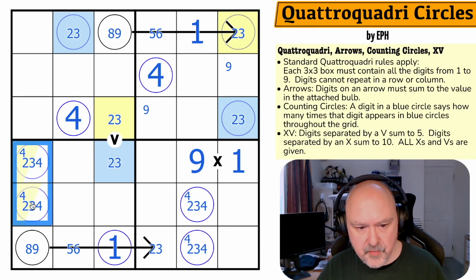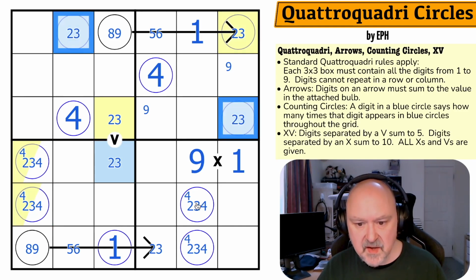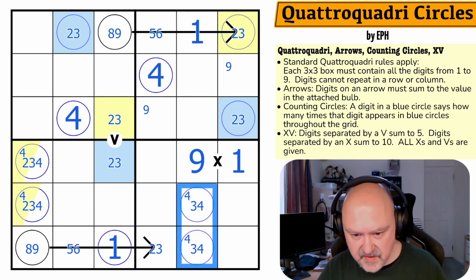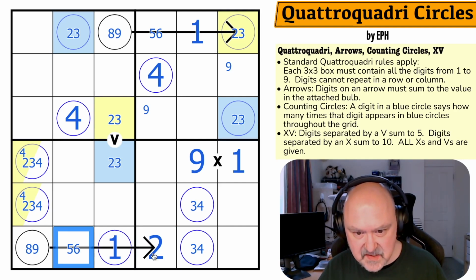So the 2 or the 3 that goes in here is the opposite. These must be the same, and these must be the same. The one that goes in here must be the 3. This is a 3, 4. This is a 2, which doesn't help me because that could still go with 5 or 6.